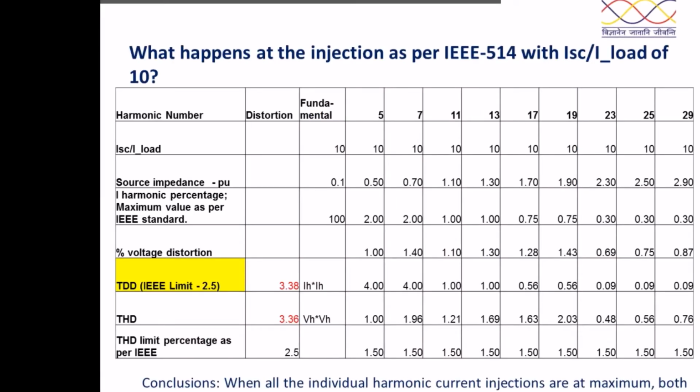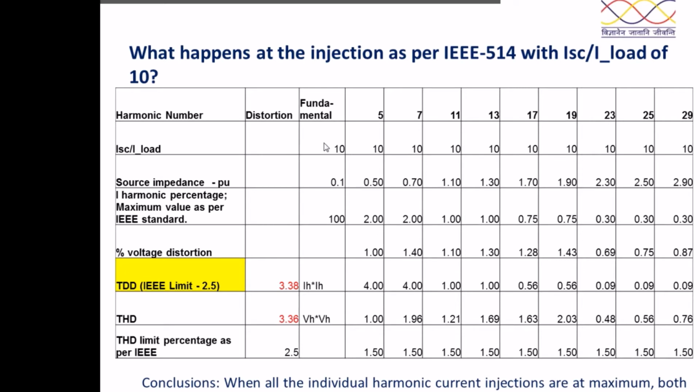Now let us try to understand how to interpret this distortion. Let us take the example of IEEE 519, and try to find out how this distortion is going to affect. We'll take the limits with respect to the 5th, 7th up to 29th harmonic and consider ISC by I load as 10.